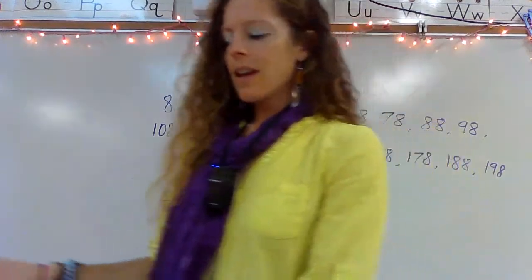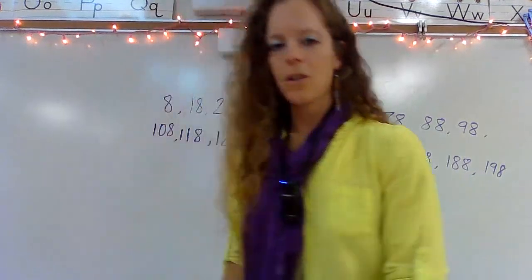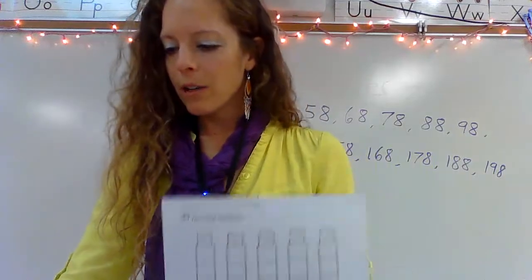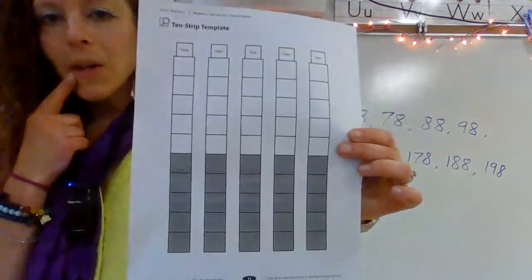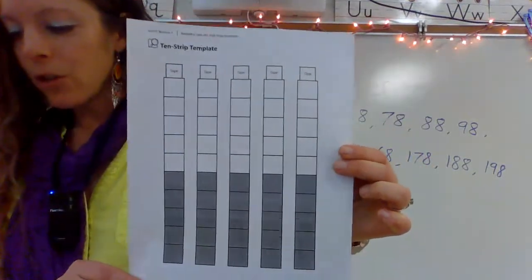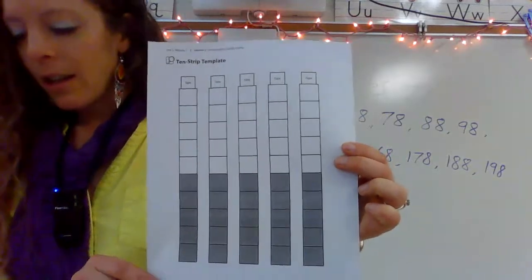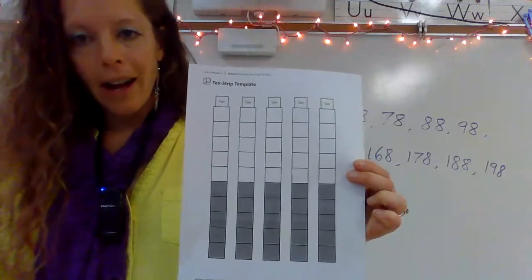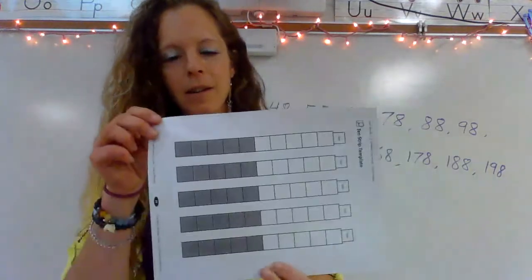An activity that has been posted on Seesaw, which I'm not sure if you've done already or not, is what we're going to do in class. We are going to use this 10-strip template to cut out the strips to make a number line with the length of 50.